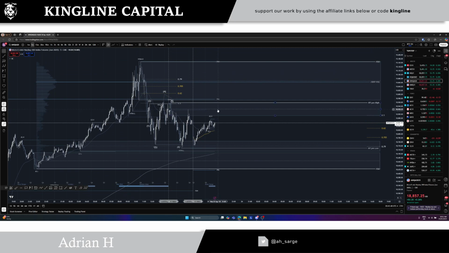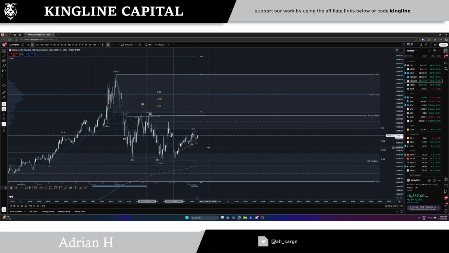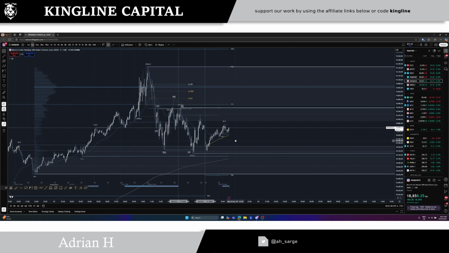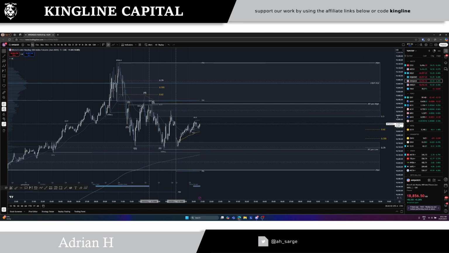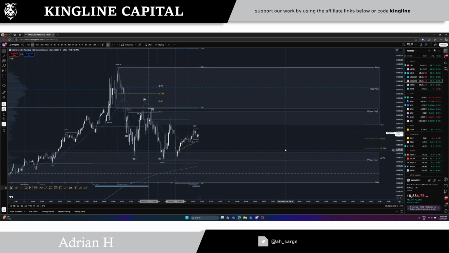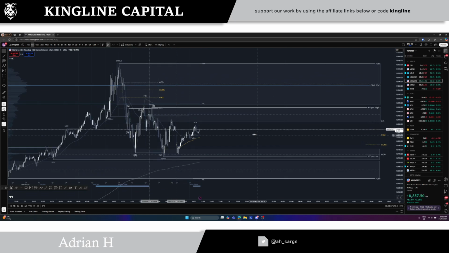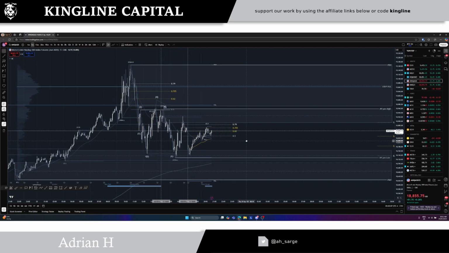Coming into 2100 open soon. Grab an OTE of this swing.